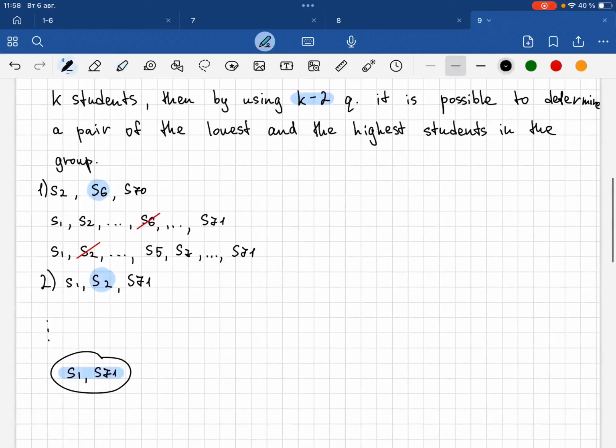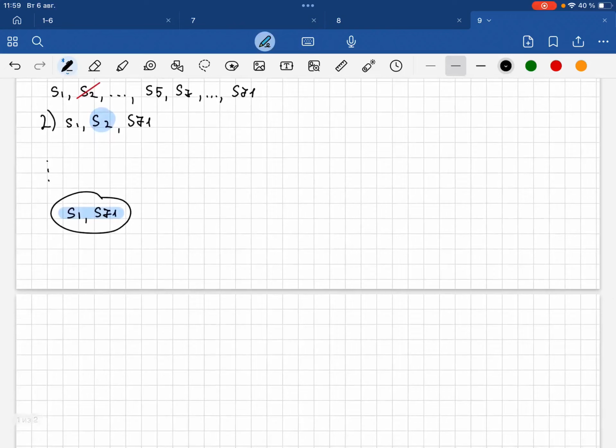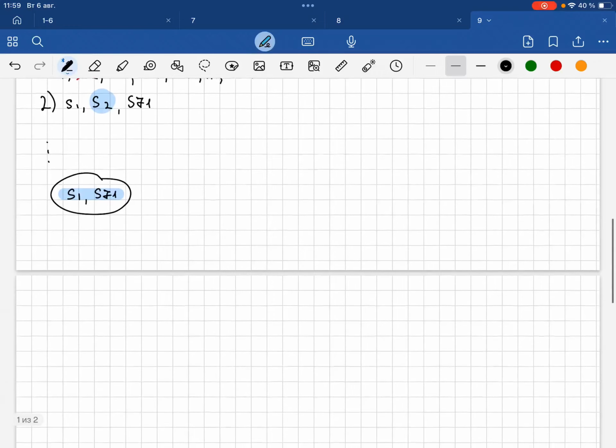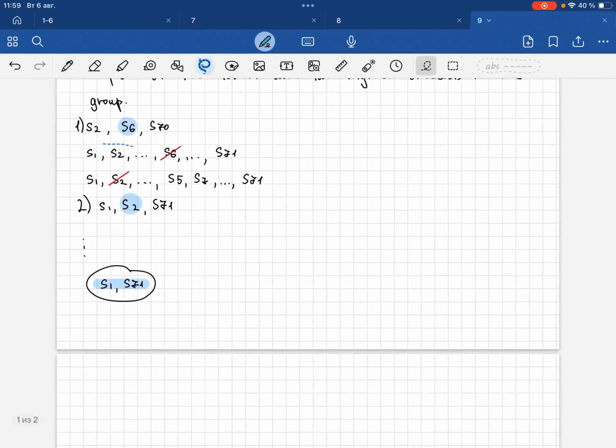Okay, using this procedure, we'll find the lowest and highest student at each stage of the process. At the first stage, we'll find some extreme students from the students of our group. For example, now we move to another process of finding extreme students from our particular group. We have a group once again.